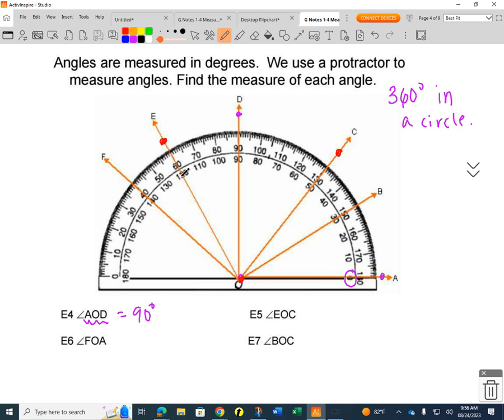So if this one crosses at 120, and this one crosses at 50, I can take the 120 and subtract 50 and get 70 degrees, to see that that's a 70 degree angle. The other way is I could look at the C, that ray OC, and see it crosses at 130 on the top, and I could go over here and subtract the other top number. 130 minus 60 also gives me 70. It does not matter which way you go.